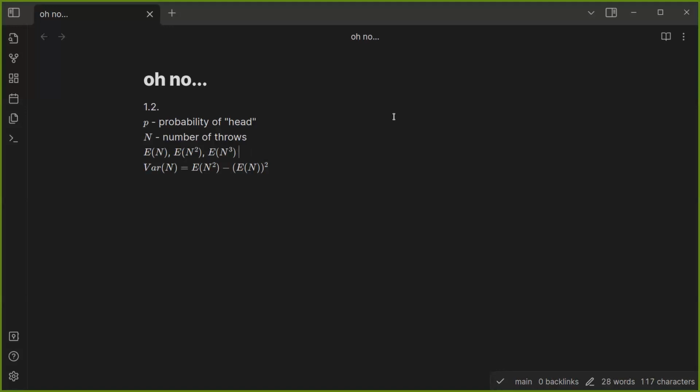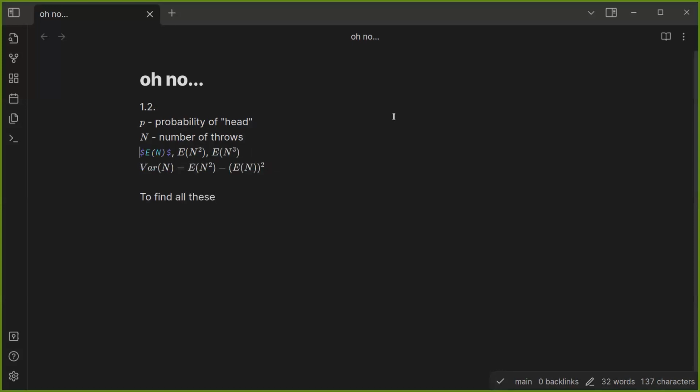I will use a technique that was mentioned during the lectures, a very powerful way to find all these expected values at once, and even further, the expected value of n to the power 4 and so on.